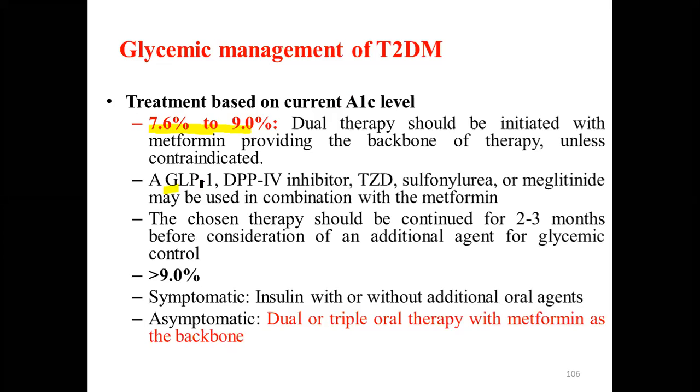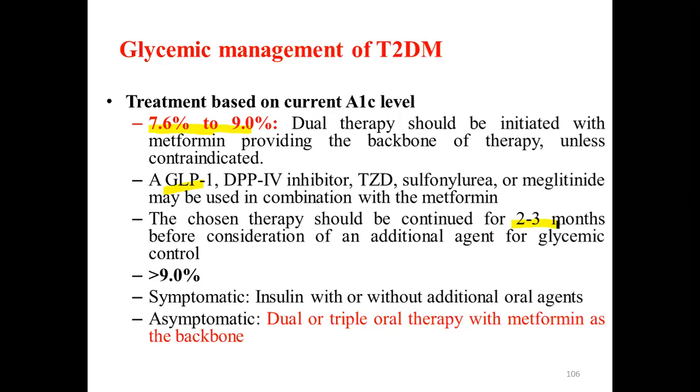So metformin can be combined with a GLP-1 agonist, a DPP-4 inhibitor, a thiazolidinedione, even sulfonylureas, and so on. Still, we need to continue for a duration of 2 to 3 months before considering an additional agent. That is also a recommendation.